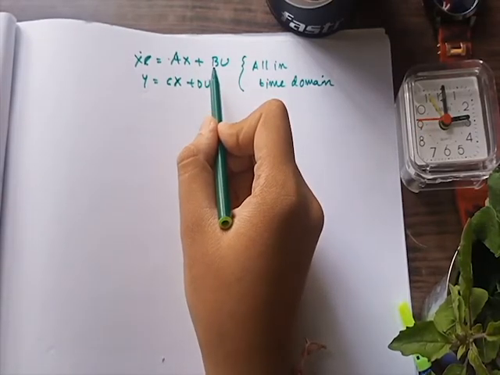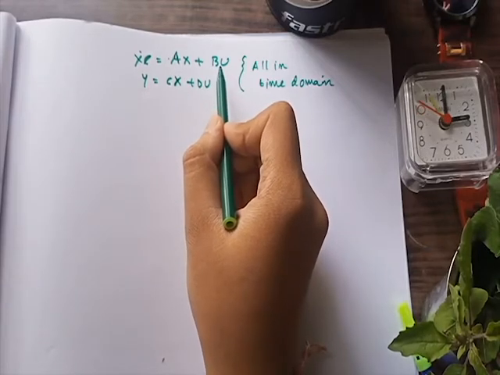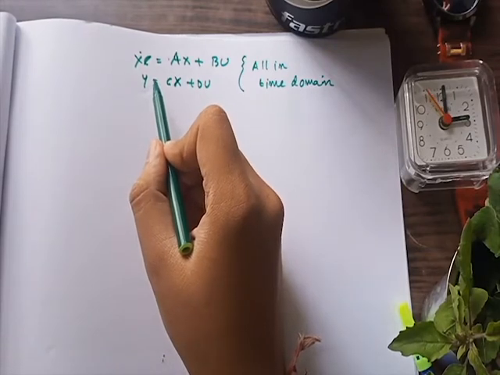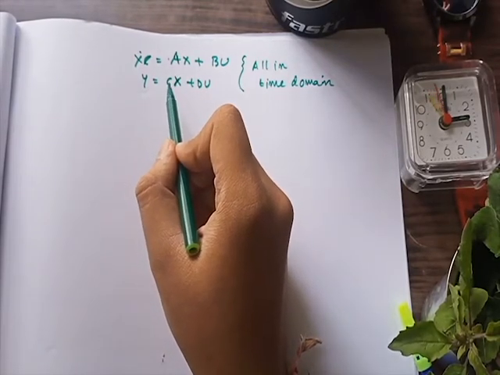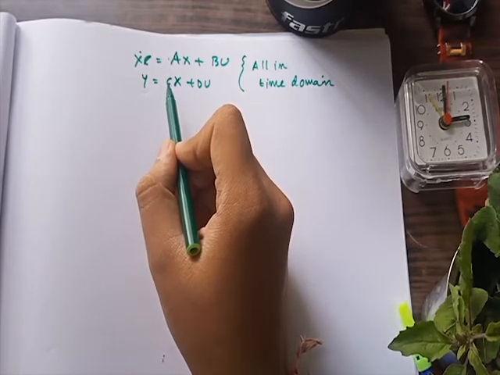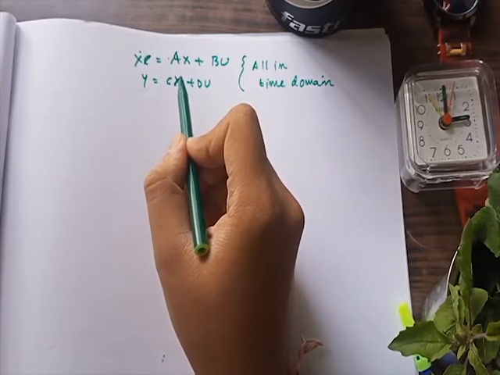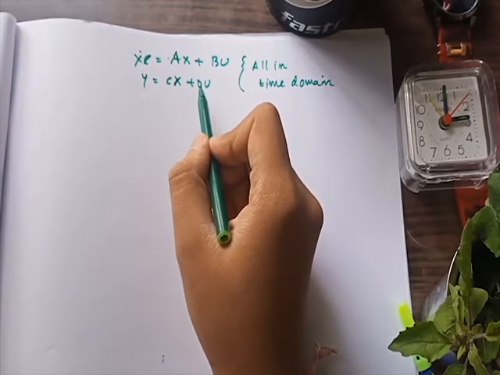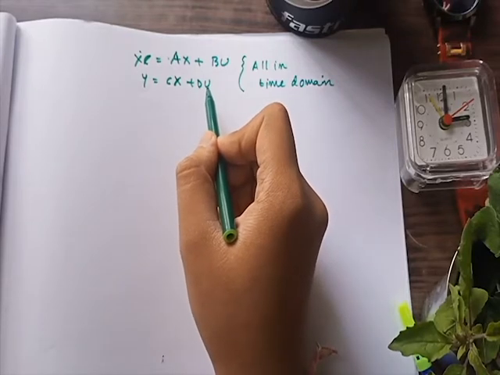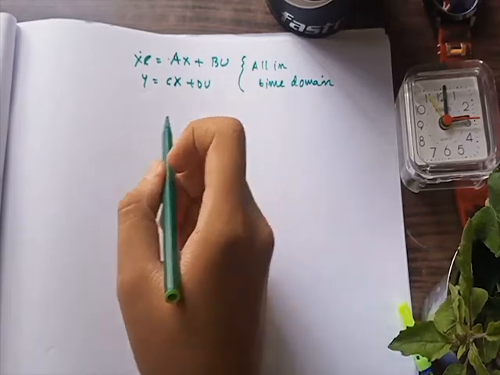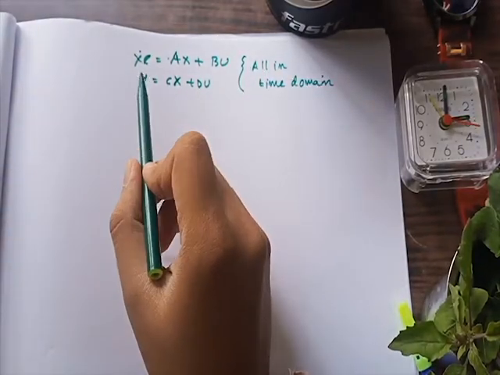B is the input matrix, which is multiplied to u, the input vector, and y is the output vector, which is equal to C times x, where C is the output matrix and x is the state vector, and D is known as the direct transmission matrix, and u is the input vector.